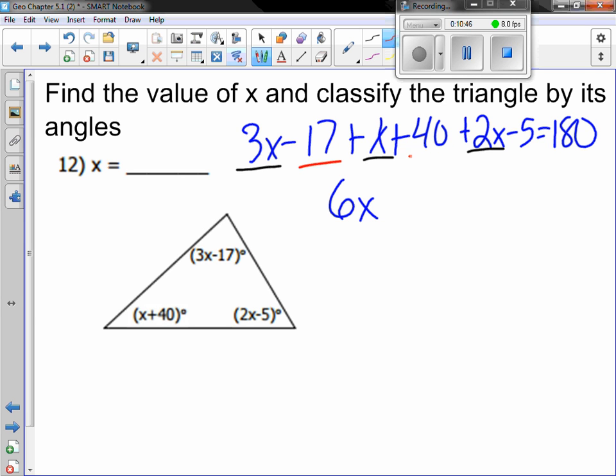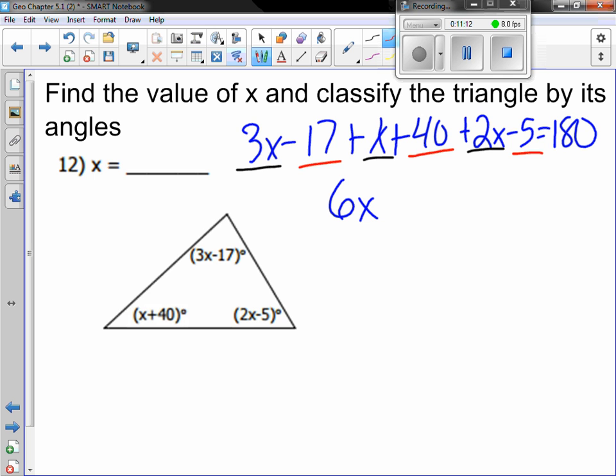Negative 17 plus 40 minus 5. Now, at this point here, it might be challenging to add these three together in your head or do these all at once. So you can type in a calculator if you wanted. You can do negative 17 plus 40 minus 5 and hit enter, and it'll give you your answer. Well, negative 17 plus 40 would be 23.